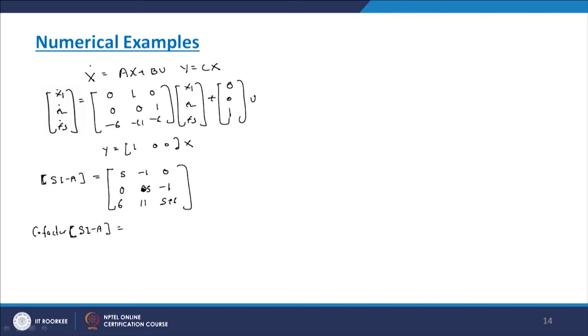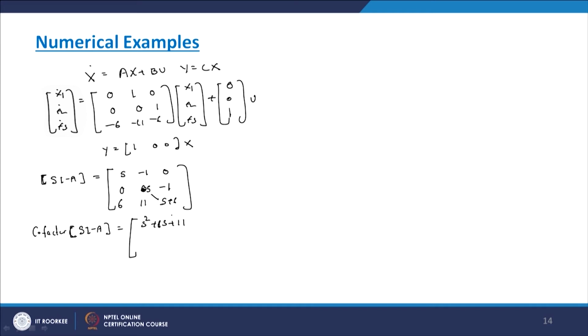Now, we call it the cofactor of sI minus A. So, particularly for this element we have to remove this row and this column. So, what will we get? We will get s square plus 6s plus 11.